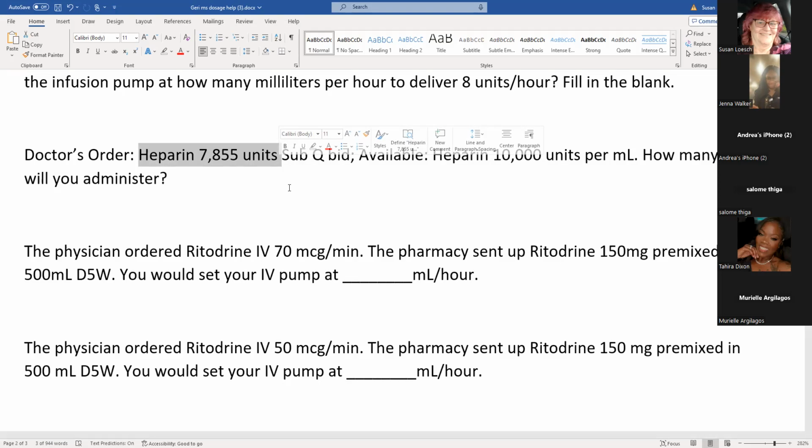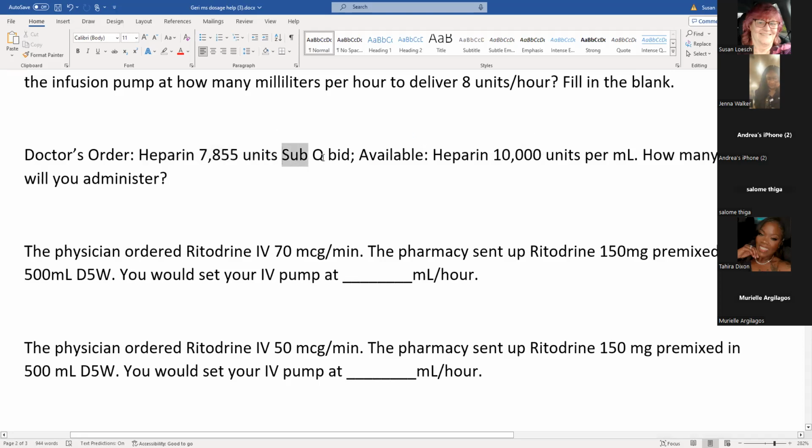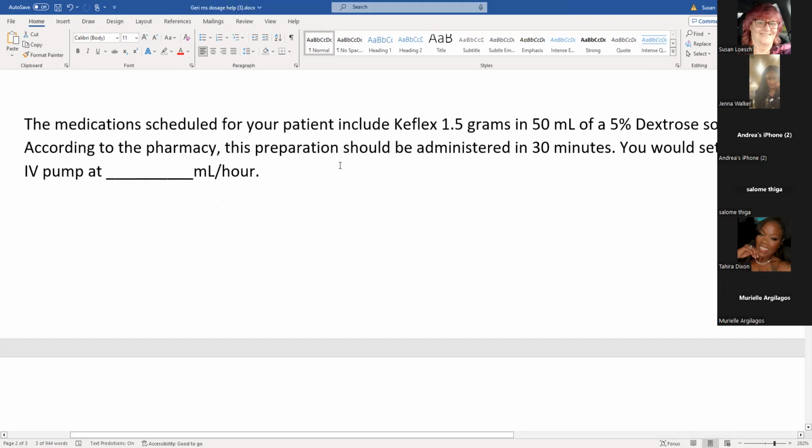Okay, I'm not sure which part, just tell me which part you're not understanding. No, maybe I need to just read that question differently. It's just me. So when I'm reading the questions, I'm going to have to read them carefully. So when you read this part here, this is telling you how many times a day you're going to give it. Now, let me see if I can find another question.